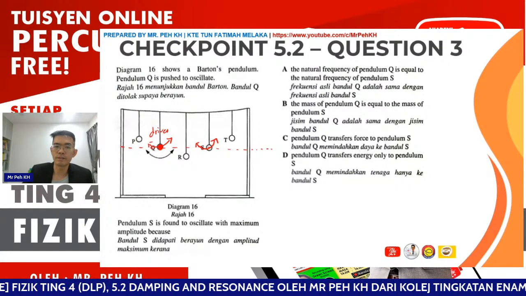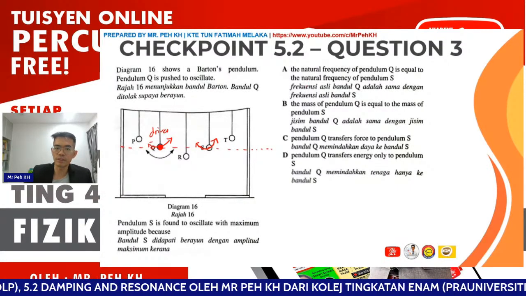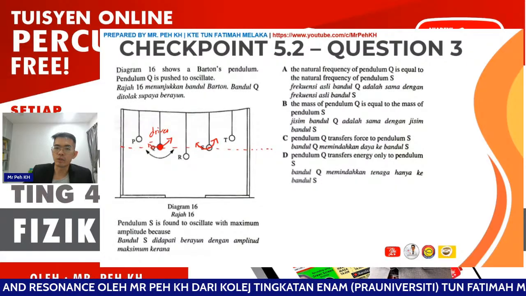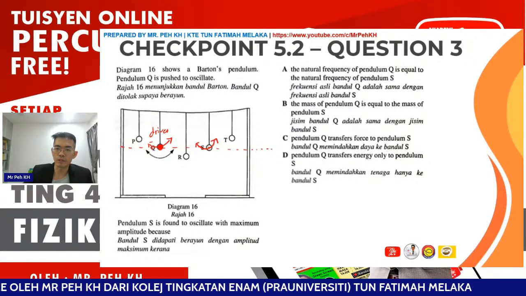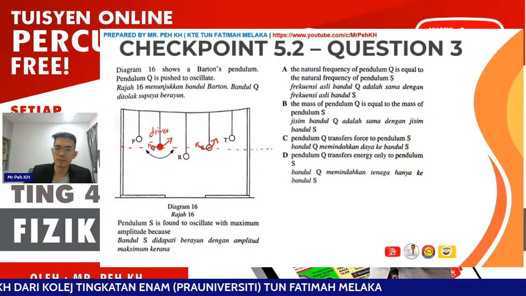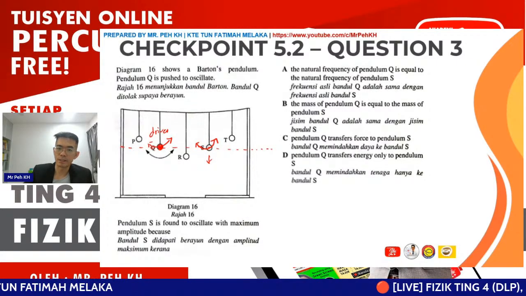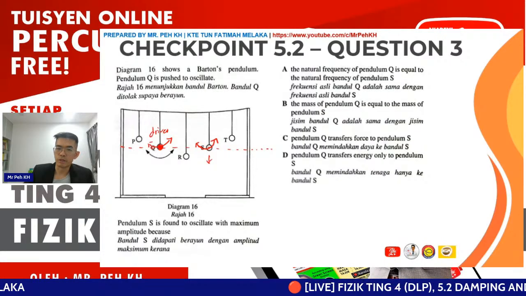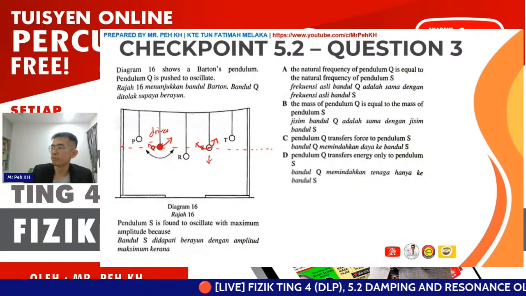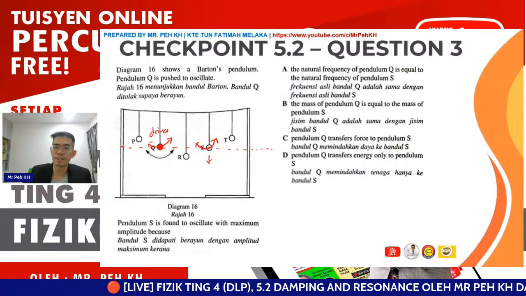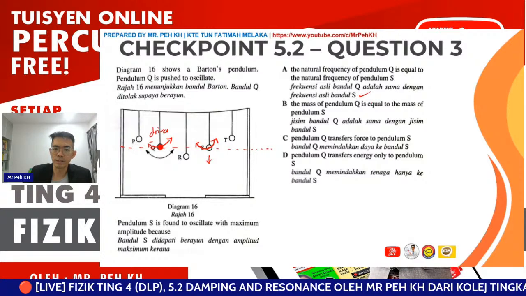Okay, so which option is correct? The first: the natural frequency of Q is equal to the natural frequency of S. Is it correct? S and Q have the same length, so the natural frequency for both pendulums will be the same. So answer A is correct.